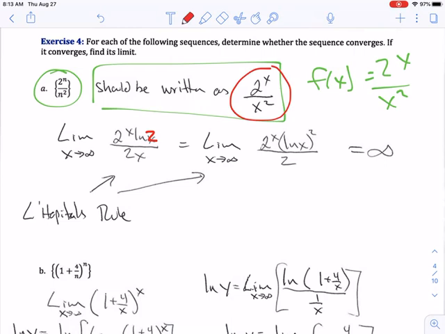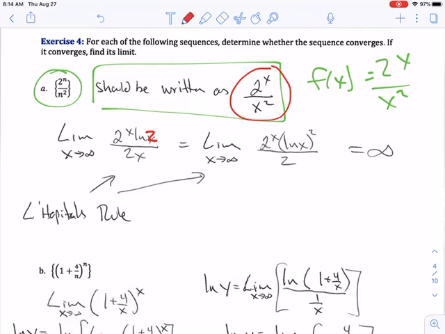This was a bad morning, I guess, when I was doing these. So 2 to the x times the log of 2. This comes from the derivative: if you have b to the x, the derivative of b to the x is b to the x times the log of b. All right. Then you take the derivative of the denominator, which is, of course, 2x.